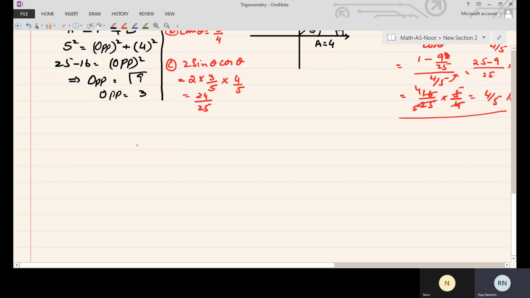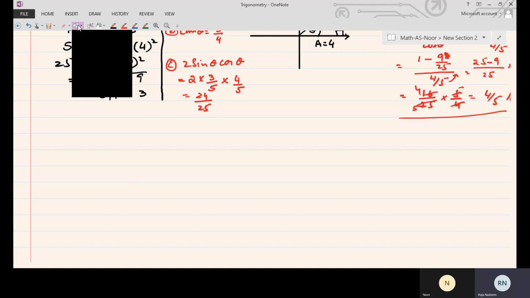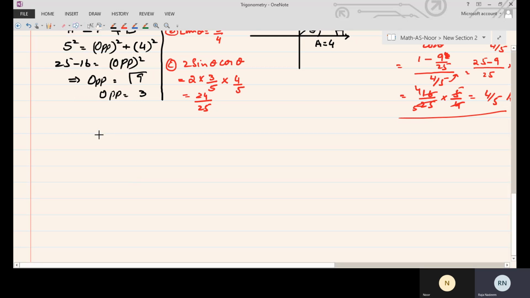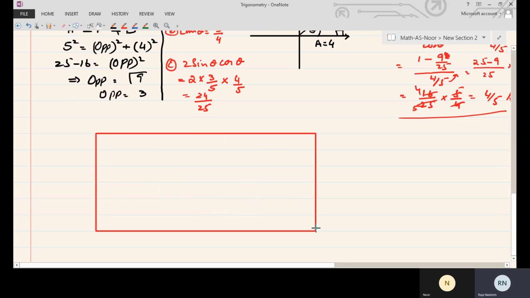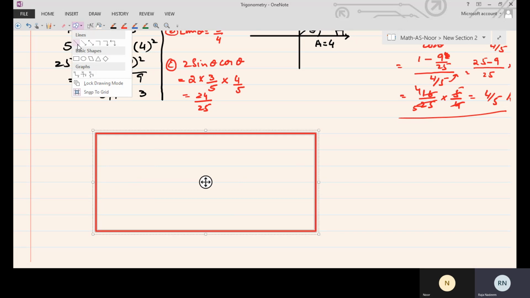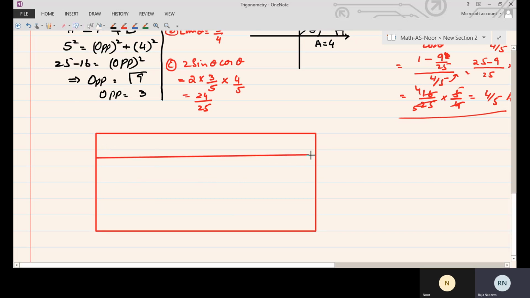Okay, before attempting the next question, there are some specific angles which we'll use frequently in this whole chapter. By using the calculator you'll be able to find the answers, but it's better if you memorize those angle values, and these angle values are very simple. These are not difficult. So let me draw the angles.